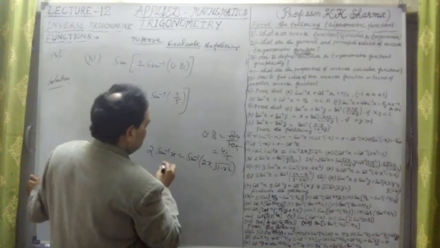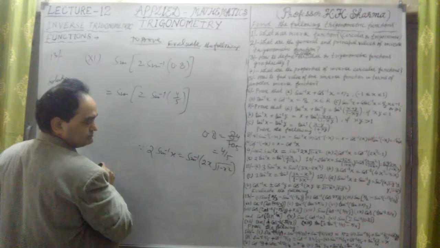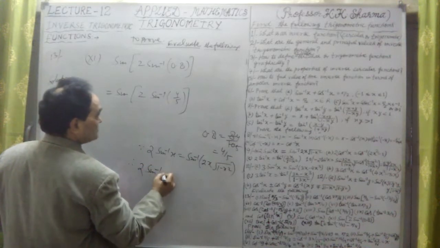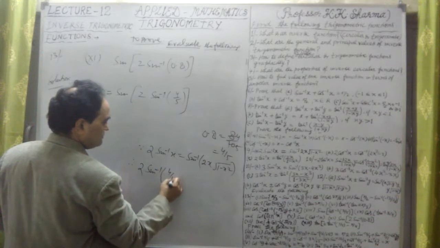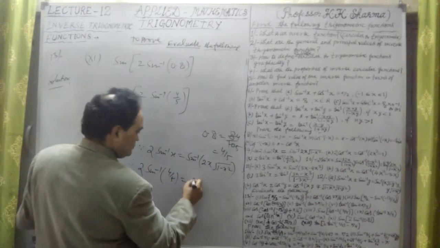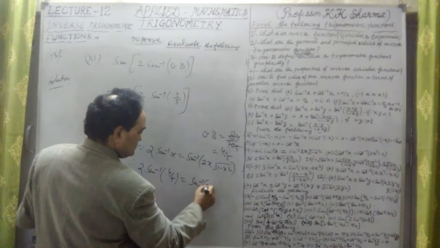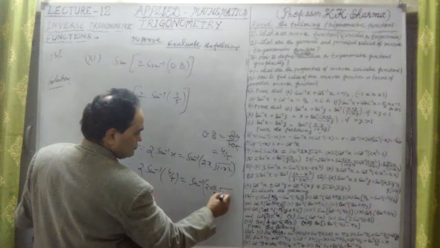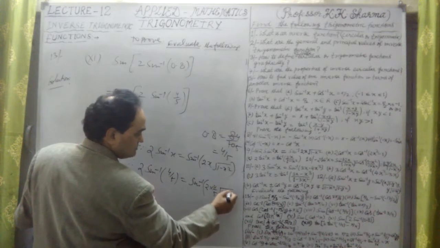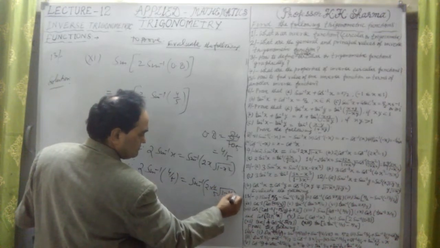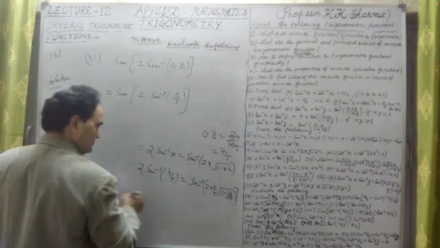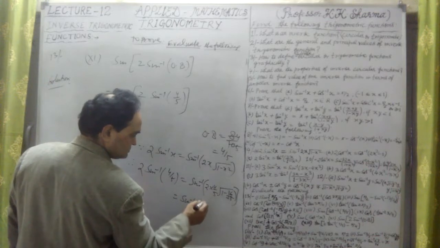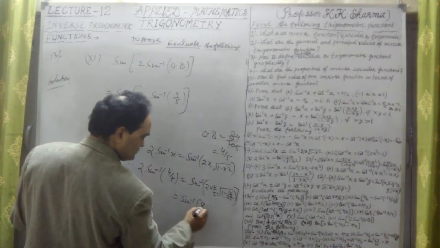In place of x we can write 4 by 5. Therefore, 2 into sine inverse of 4 by 5 is equal to sine inverse of 2 into 4 by 5 under root 1 minus 4 by 5 whole square, that means 16 by 25. That will give us sine inverse 8 by 5, which is already there.